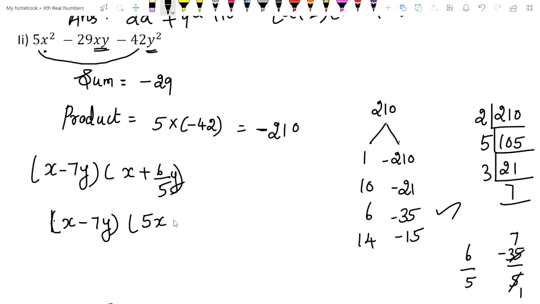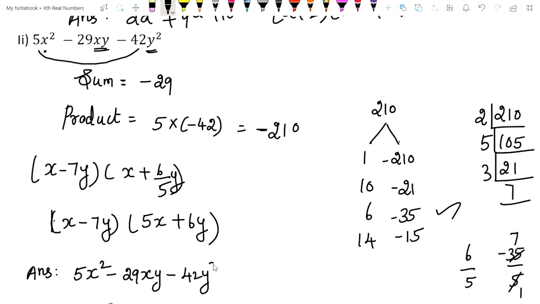Cross multiply: 5x plus 6y. So what is the answer, children? 5x square minus 29xy minus 42y square equal to x minus 7y into 5x plus 6y.